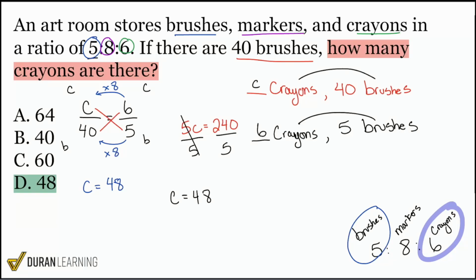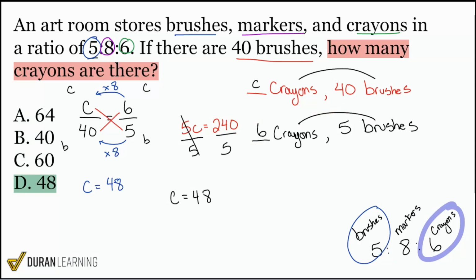What do I mean by that? I noticed that my question sentence compared brushes and crayons right here. Crayons and brushes. So I knew that all I had to do was compare crayons and brushes.